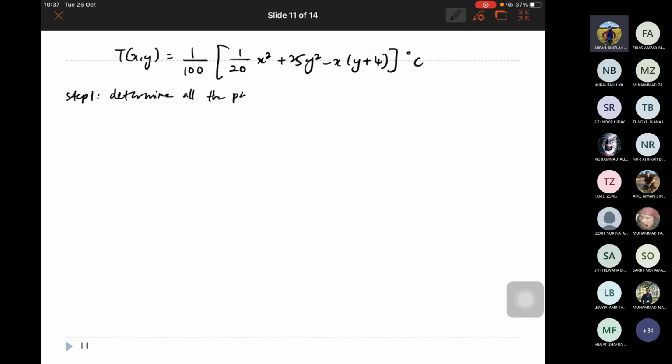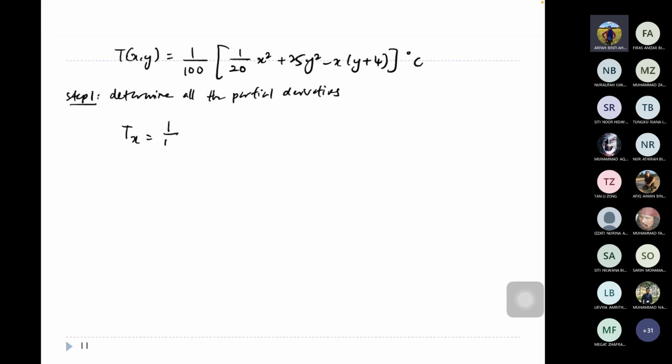So determine all the partial derivative, meaning that bezakan terhadap x. Tx sama dengan 1/100 darab 2/20 x tolak y tambah 4. Okay. So sama dengan 1/100 darab 1/10 x tolak y tolak 4.